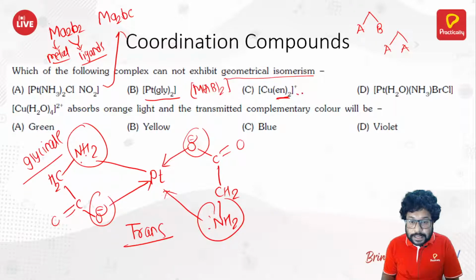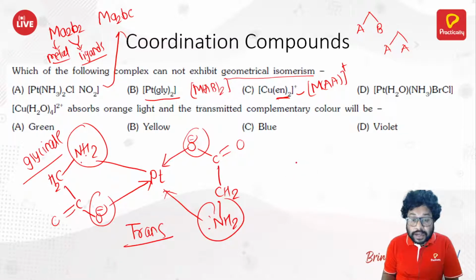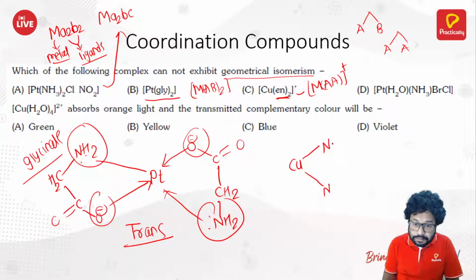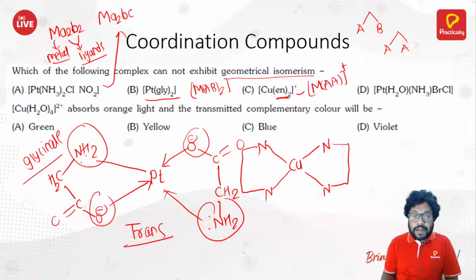If you look at option C, it would be represented like this, MAA plus. That is the kind of ligand which has the same atom. So let me show you. What is the long form of en? en is ethylene diamine, and ethylene diamine can be represented like this, N. Now you tell me, even if I reverse this, even if I change this in any way, it can never become trans.